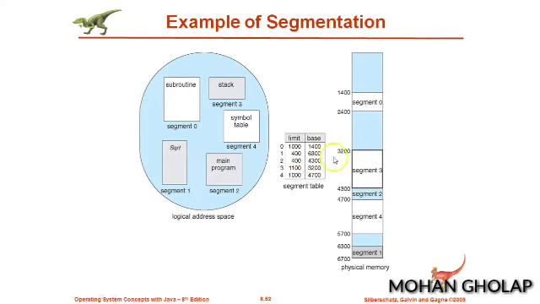So let us see how it is done. Here this number indicates the segment number. Let us discuss this one by one. We'll see how exactly segment 0 is mapped into the physical memory. As we saw, the base indicates the starting address and the limit indicates the range.